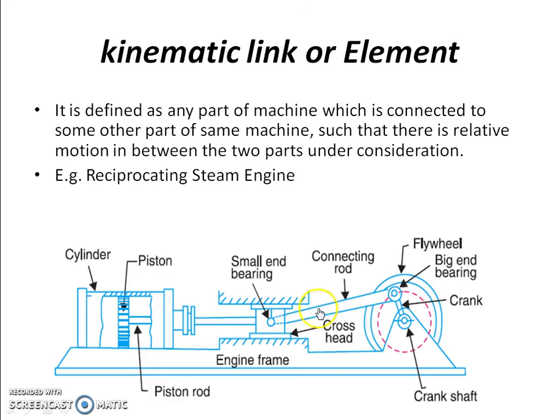The third one is the crankshaft and the flywheel, and the fourth link is the cylinder, engine frame and the main bearing. This is the engine frame on which the cylinder is attached along with the main bearing. These are the four main links present in the reciprocating steam engine.